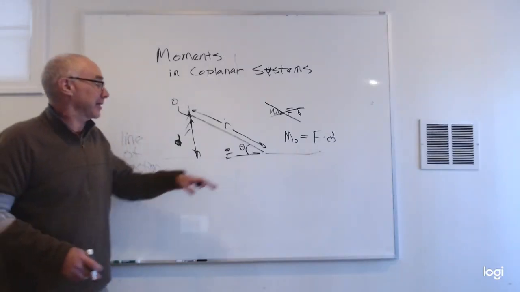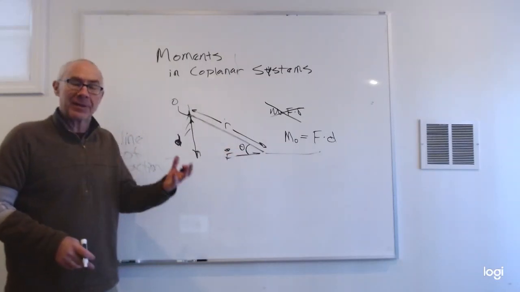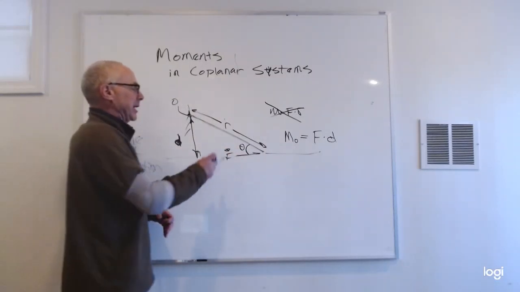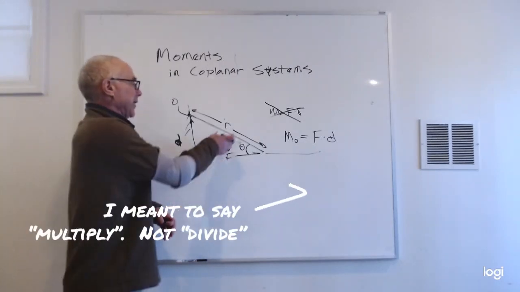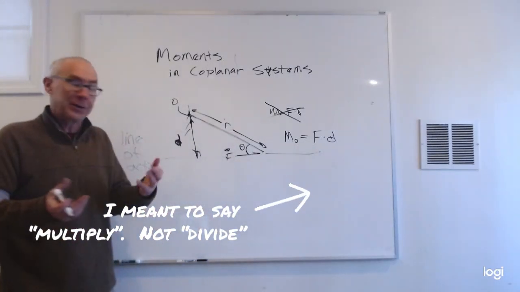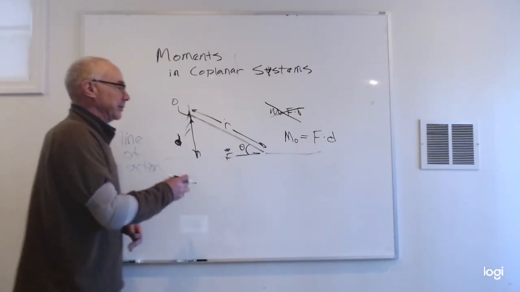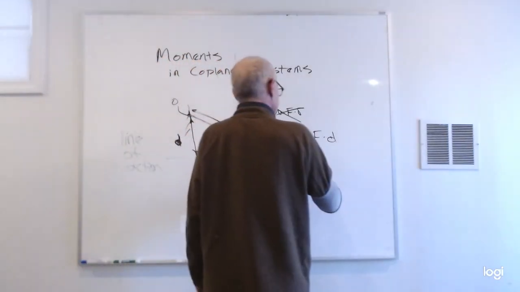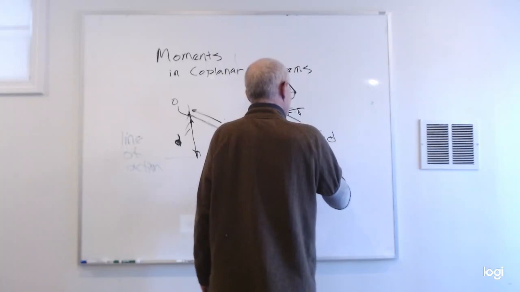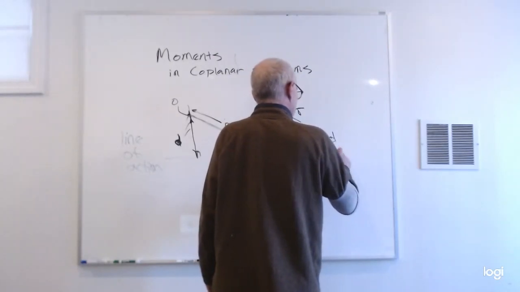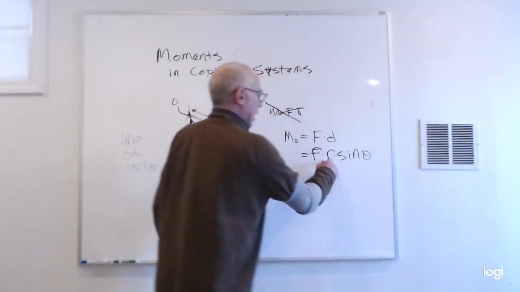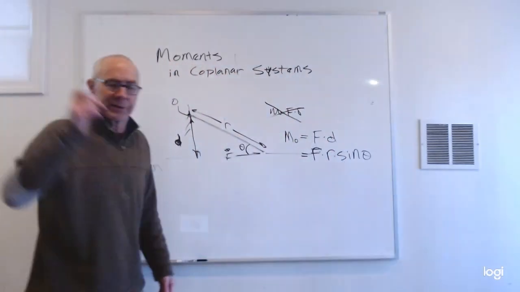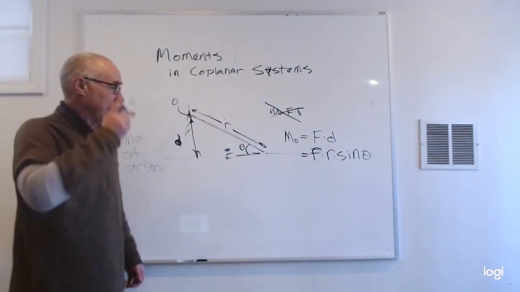We know that the sine of theta equals the opposite over the hypotenuse. So we take the sine of theta, opposite over the hypotenuse, which is the length of r. That will give us our d value. So I can write this equals F times R times sine theta, where R sine theta is just equal to D in this case.